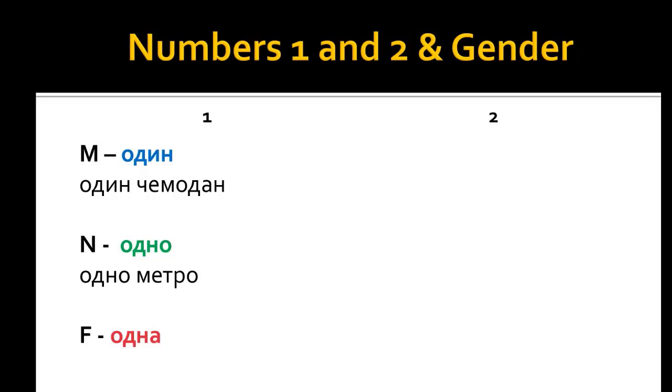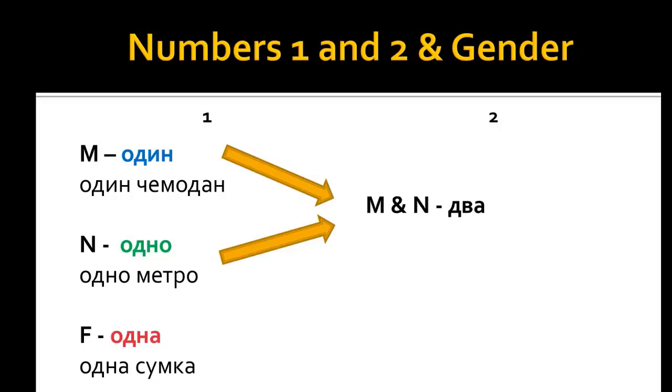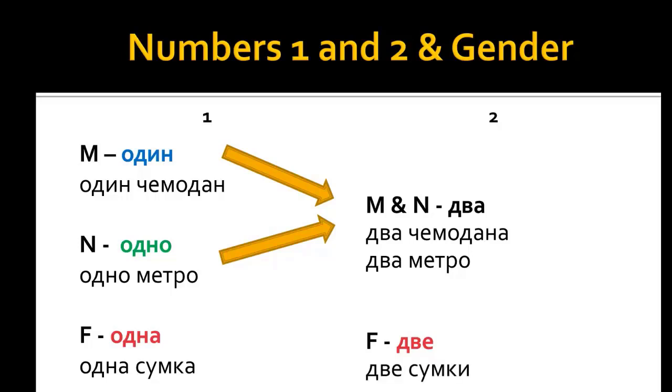When it's followed by a feminine noun, you would use «одна сумка». Please note that the word two has only two forms. For masculine and neuter, you would use the word два. For example, «два чемодана, два метро». And for feminine, you would use the word две. For example, «две сумки». All other numbers have only one form.